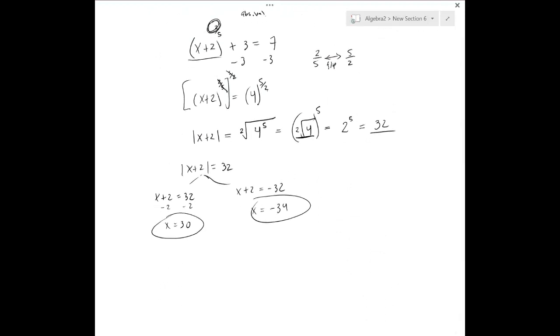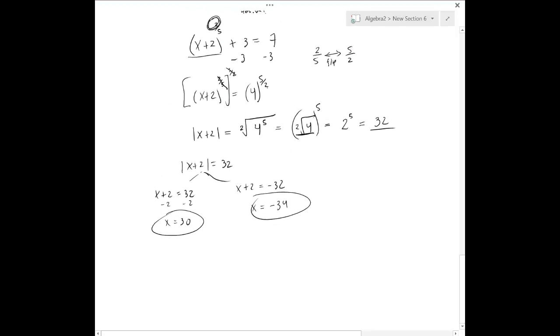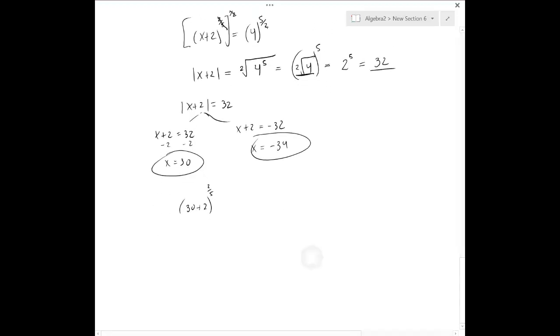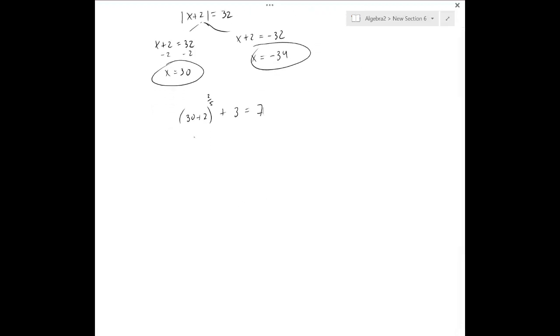So let's put 30 in. So we have 30 plus 2 to the 2/5, yes. And then we're supposed to be adding 3 to get 7. So this part, this is 32, and then I'm going to convert it to the radical form: the 5th root of 32, all squared, plus 3 equals 7.